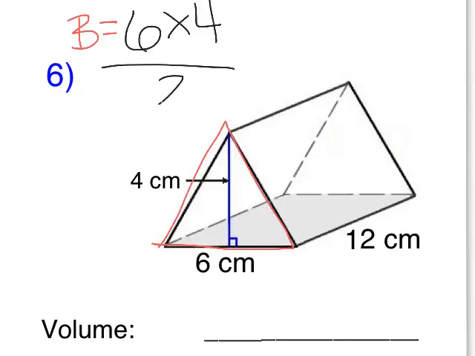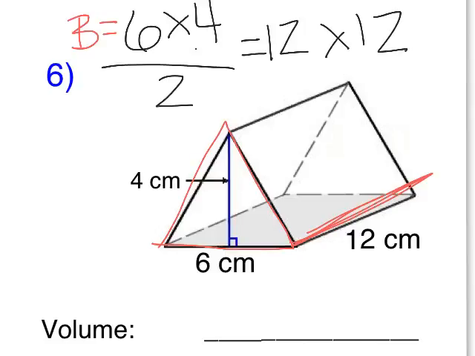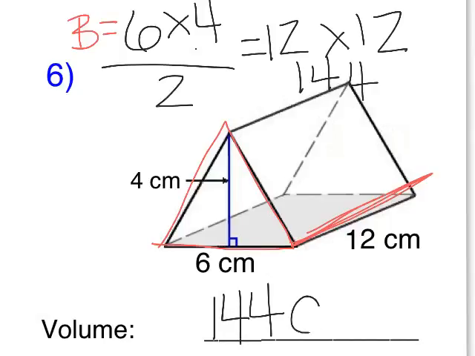And we'll divide that by 2. And that's going to give us 12. We take our 12 and we multiply that by our prism height, which is right here. And that's also 12. So 12 times 12 is going to give us 144 for our volume. So we end up with 144 centimeters cubed.